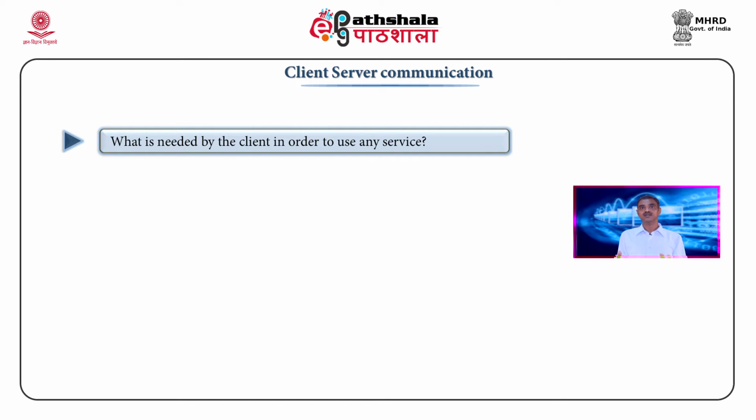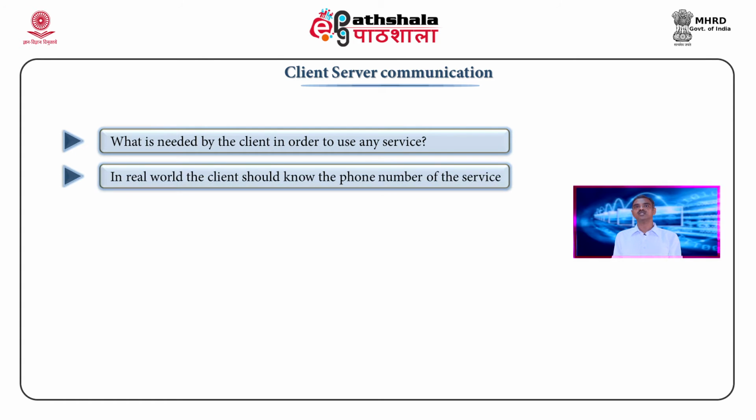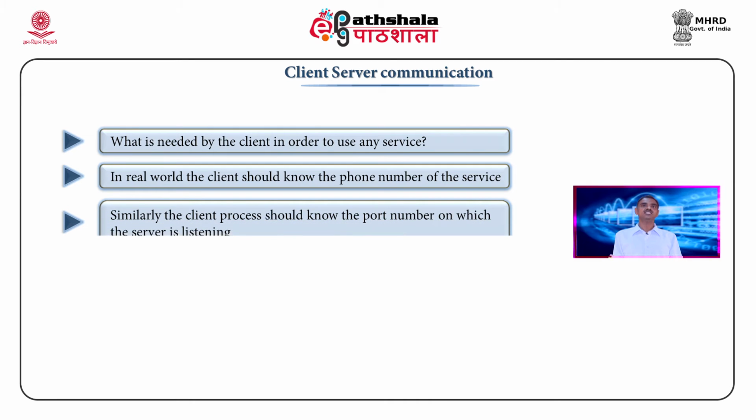Now, what is required for a client in order to avail the service? In the real world, the client must know the phone number where it can avail this service. The same way in our TCP/IP communication, we have server processes and client processes.